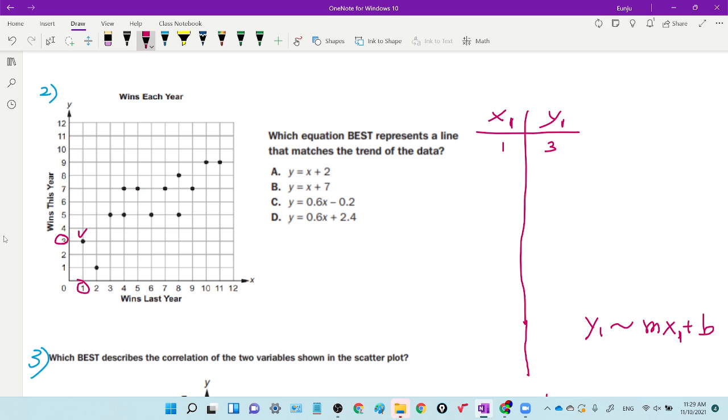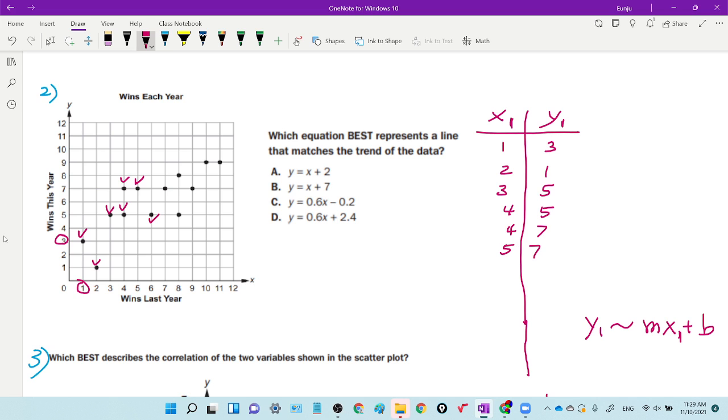Next, 2 and 1. Next, 3 and 5. Next, I have 4 and 5, and another one, 4 and 7. Okay, it's not a function, but we can graph a scatter plot. Next one, 5 and 7.